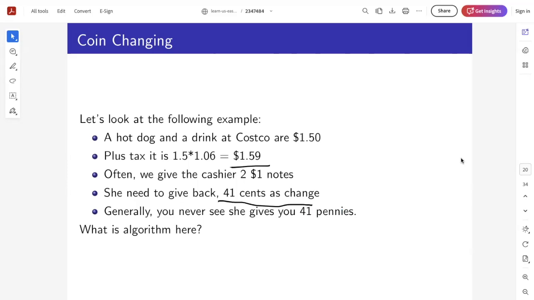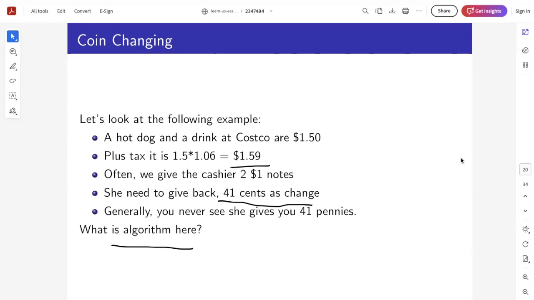Generally, you'll never see the cashier give you 41 pennies. Rather, they will give you some quarters, and then dimes, and then nickels, and then the pennies. So the algorithm, obviously, is that you first choose the largest value.